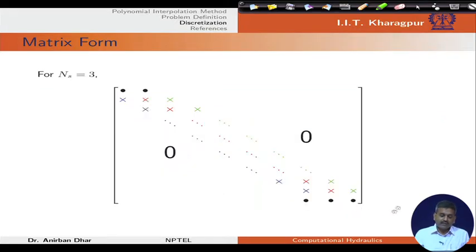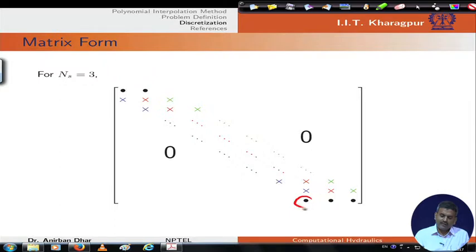So, we can construct our matrix for ns equals 3, again that will be a banded matrix, but this one dot will be extra because we have an extra term available in the case of the right hand boundary condition with our 0 Neumann case.